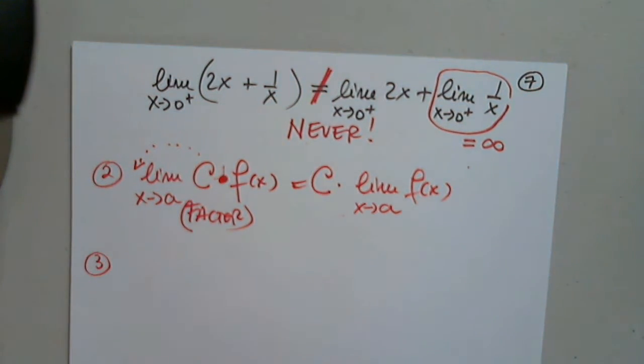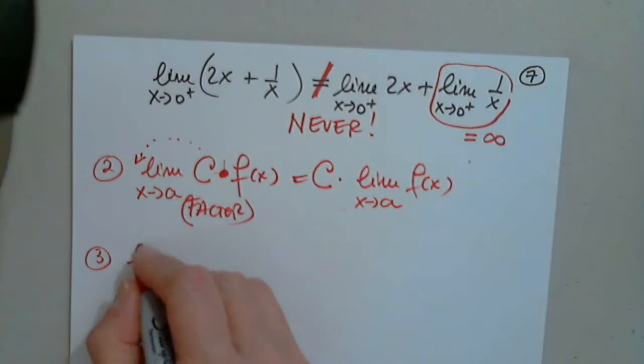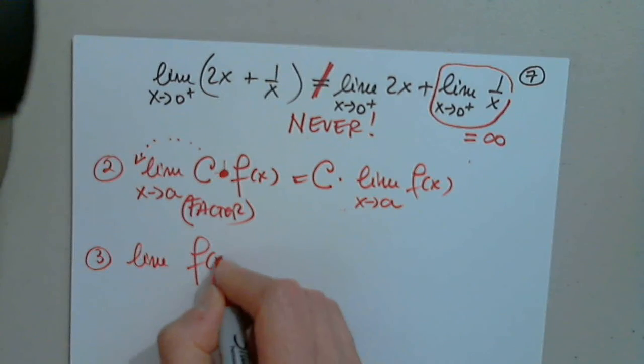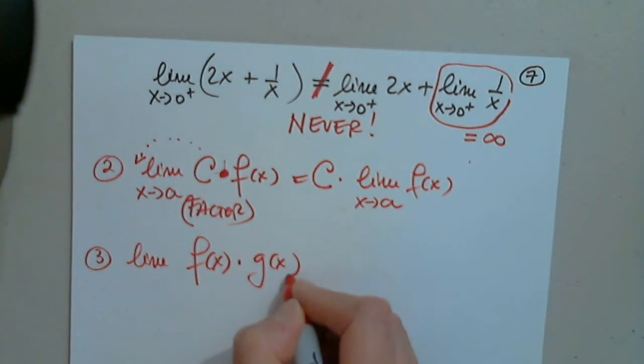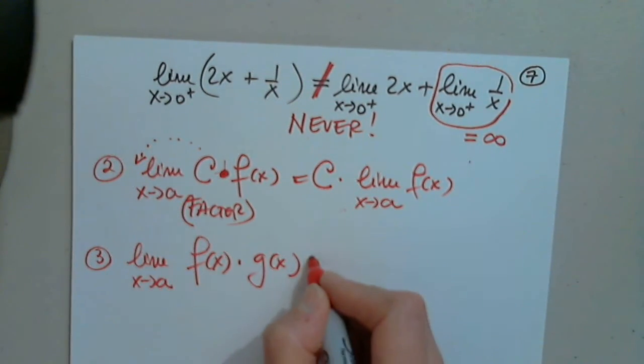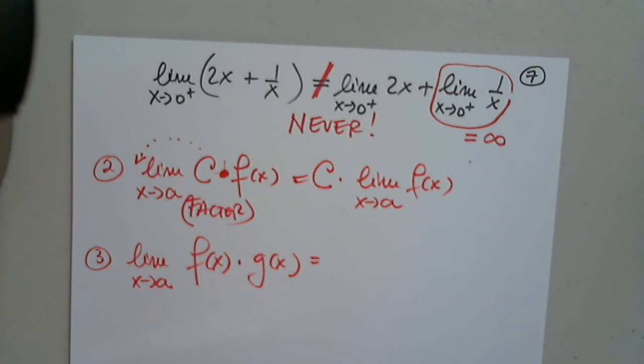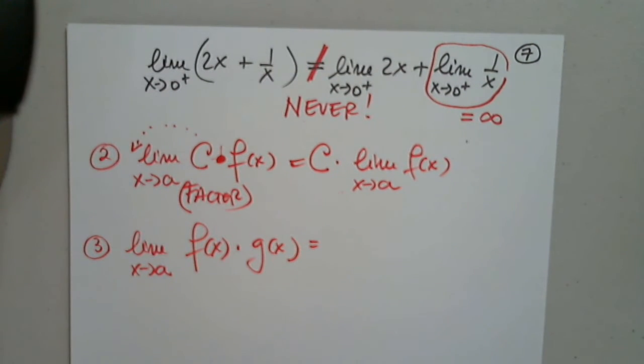Third limit law. Limit of f of x times g of x as x approaches a from either side. What do you think this will equal? It's okay if you're wrong. We all make mistakes, and you may have not seen this before, so it's okay. Wild guess.